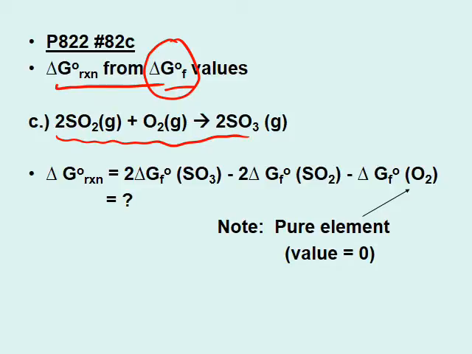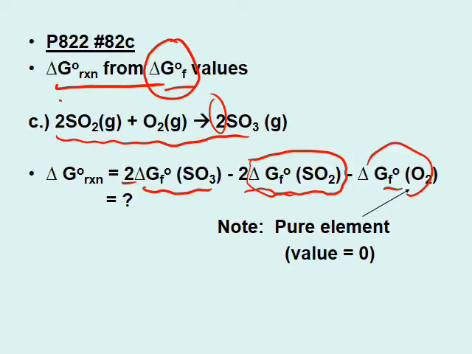There are 2 moles of product, so it's 2 times the free energy of formation of SO3, minus 2 moles of SO2, because there are 2 moles. Again, this is the free energy of formation value you get from the back of the book, minus the formation value for oxygen. For a pure element, free energy of formation is 0.